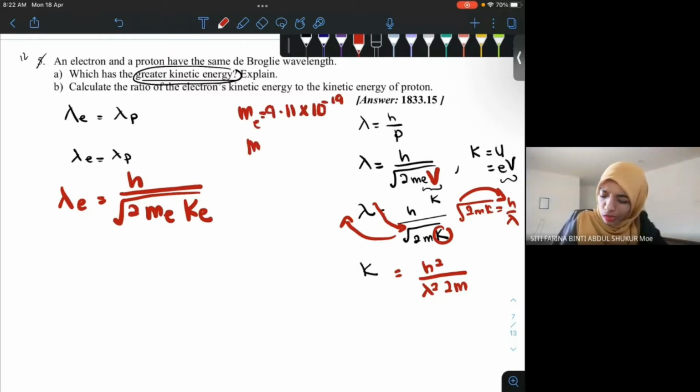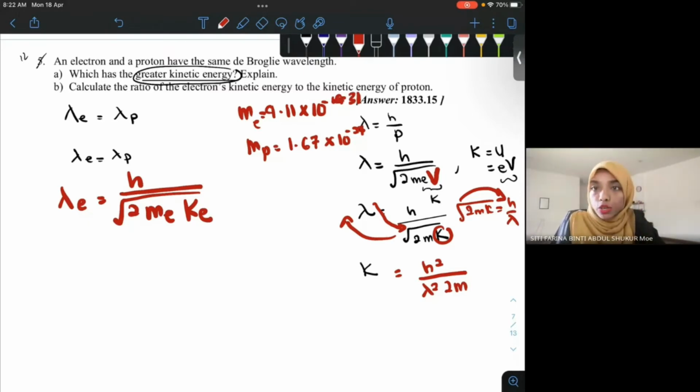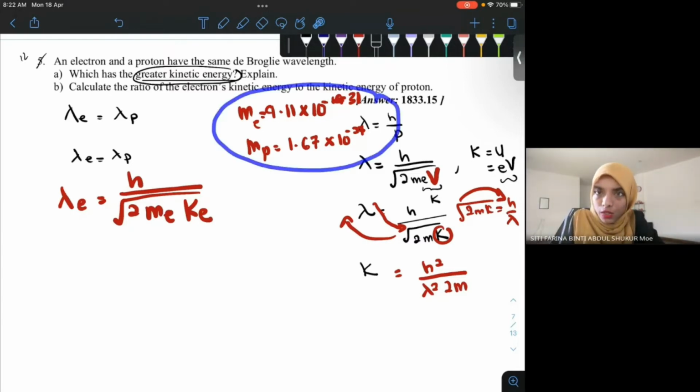Mass of proton, if I'm not mistaken, 1.67 times 10 to the power negative 27 kg. These are the mass of electron and proton. They have different mass. Since they have different mass, hanya H dan 2 sahaja constant. M is not a constant here. So nilai M ini akan effect nilai kinetic energy kamu due to your lambda.